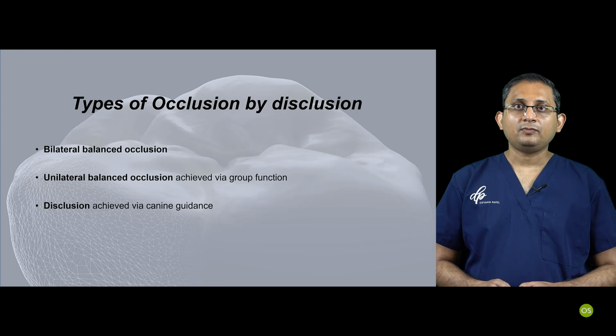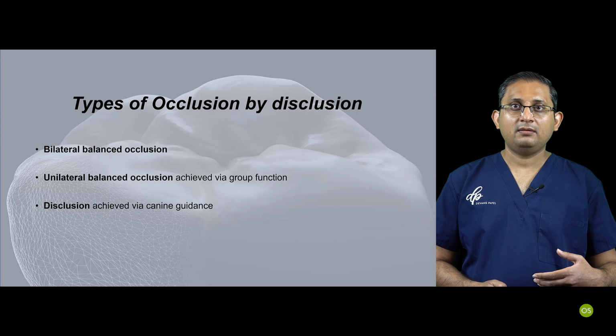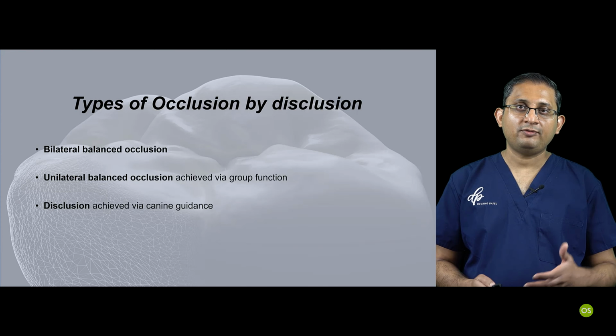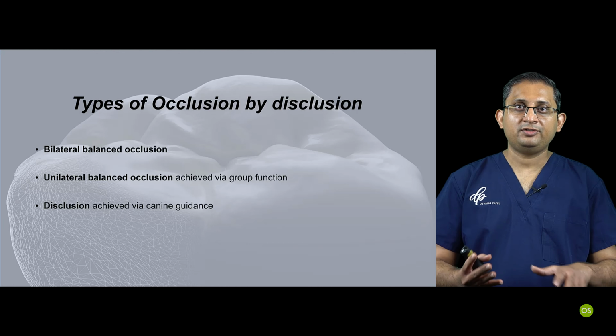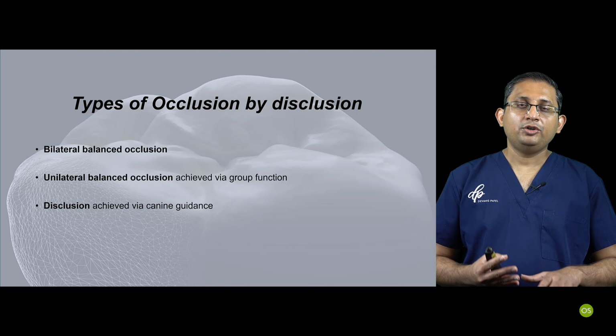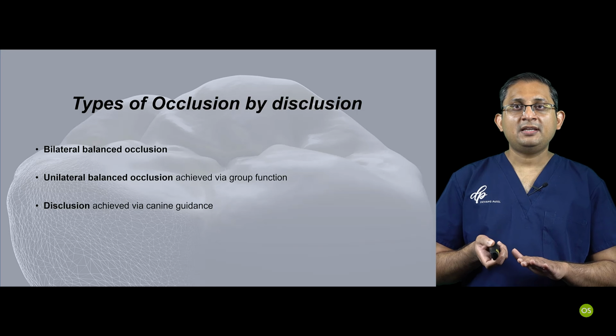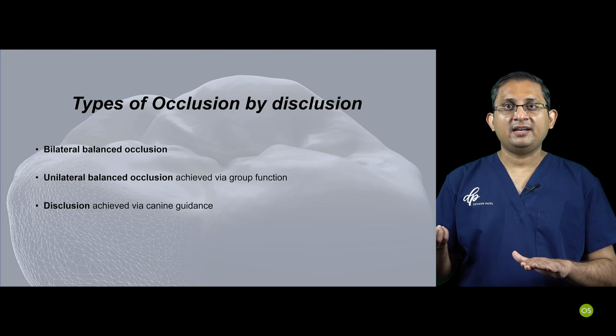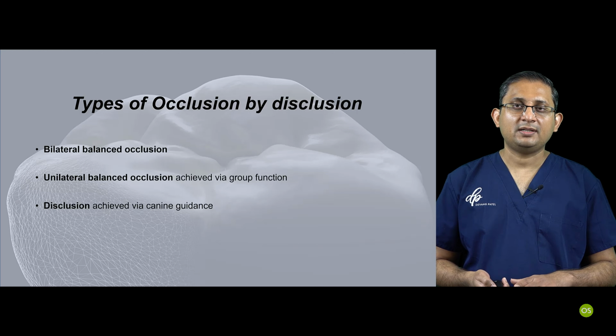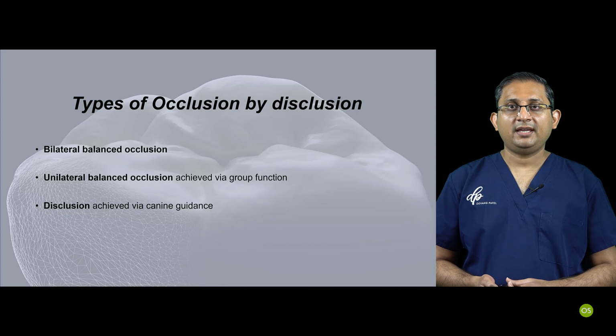Bilateral balanced occlusion is really a denture occlusion where you are closing the teeth and both side teeth are guiding on either way. So it's a balanced occlusion. Unilateral balanced occlusion is when more than one tooth is guiding on one side, and we call it a group function as well. And disclusion by canine guidance is called canine guidance.